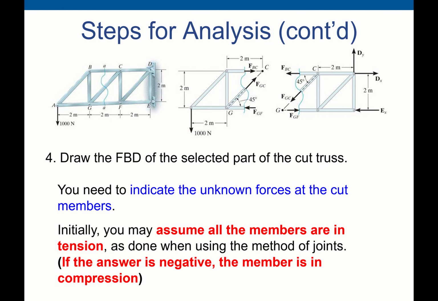When you cut the cross-section, here we have 3 unknown forces. We don't know the direction, which means we don't know whether these members are in tension or compression. Then my suggestion is you can assume all the members are in tension.